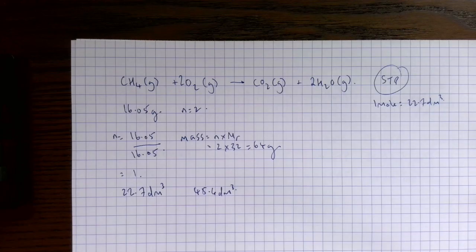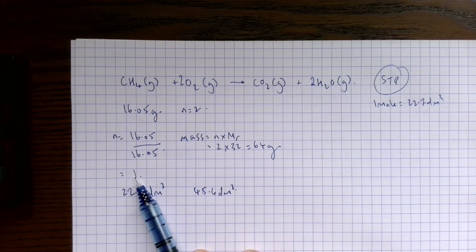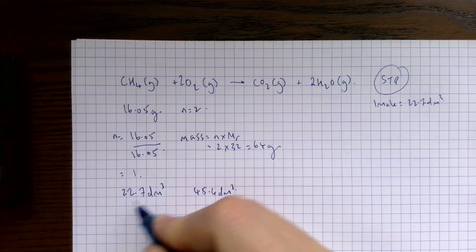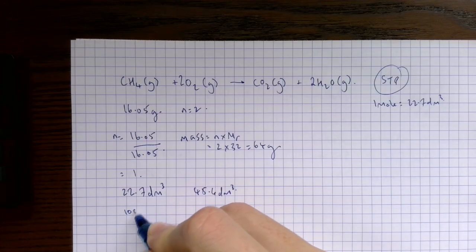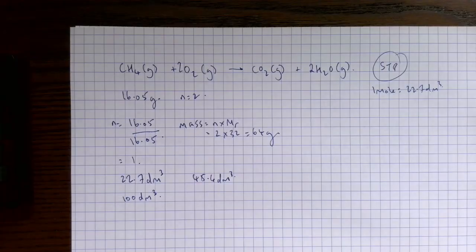Now, what's happened there is I can go to the moles, use the moles 1 to 2 and then work out the volume 1 to 2, or I could just treat this number directly as a number of moles and just double this. So for example, if I had 100 decimeters cubed, I could, if I want to, convert this into moles, then do the 1 to 2 ratio and then convert the moles into a volume.